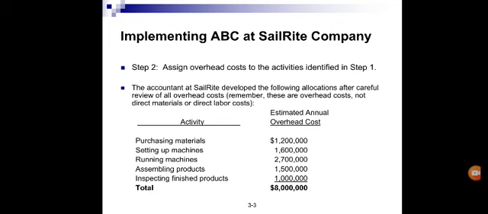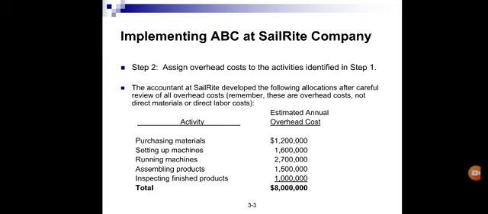So in this example, the first activity is 1.2 million, second activity is 1.6, third activity is 2.7 million, fourth activity is 1.5 million, the fifth activity is allocated 1 million. Okay, these are estimates.